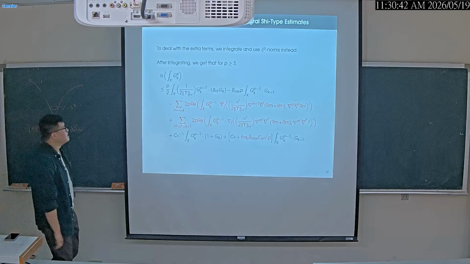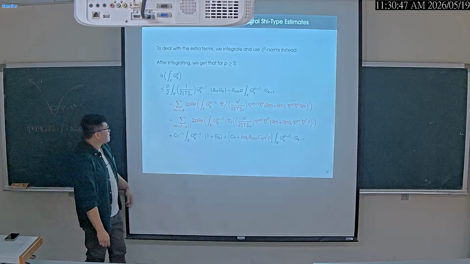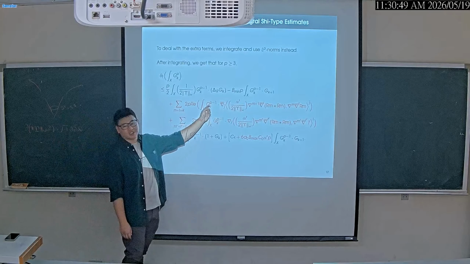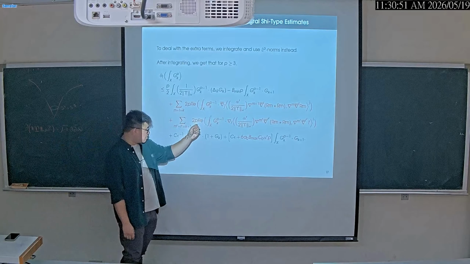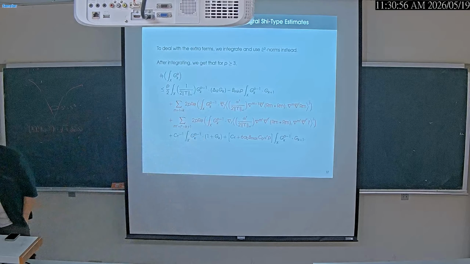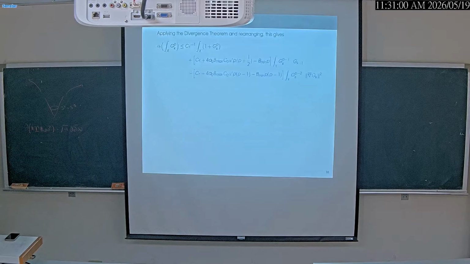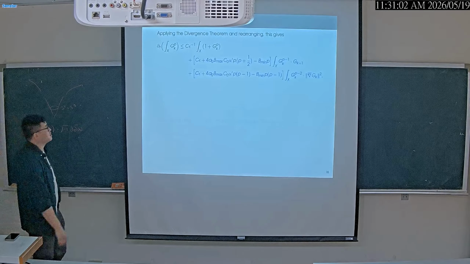So this is the same equation, just with integrals everywhere and p's everywhere. But after some integration by parts, you can make this actually a divergence, and then you can use the divergence theorem. And after doing that, this looks a lot nicer.